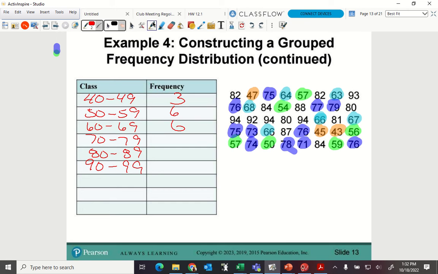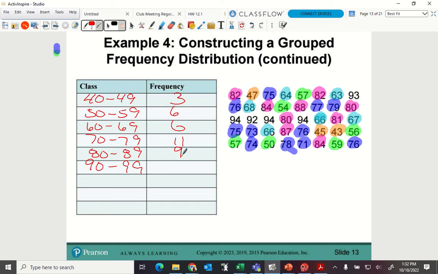Okay. Next one is 80 to 89. One, 2, 3, 4, 5, 6, 7, 8, 9? 9? Okay.